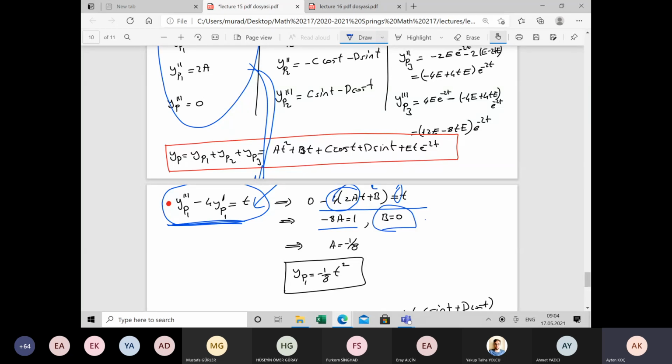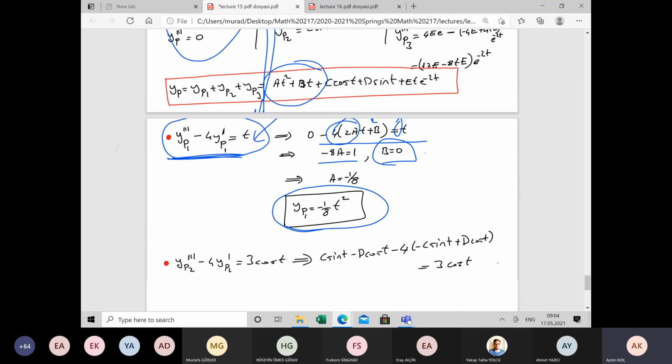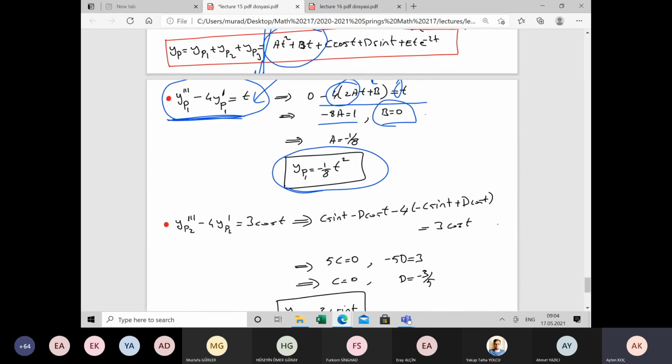We obtain b is 0 and a is minus 1 over 8. So the particular solution a t squared plus b t, with b equal to 0, becomes this one.